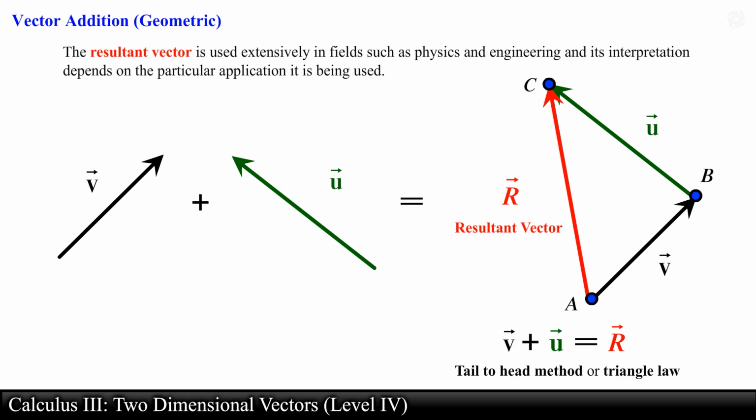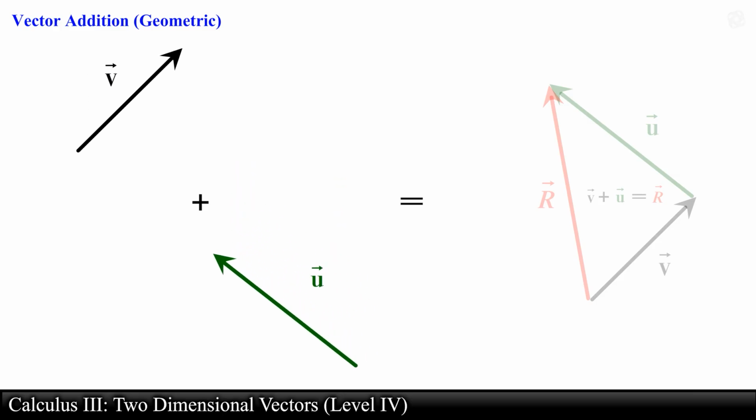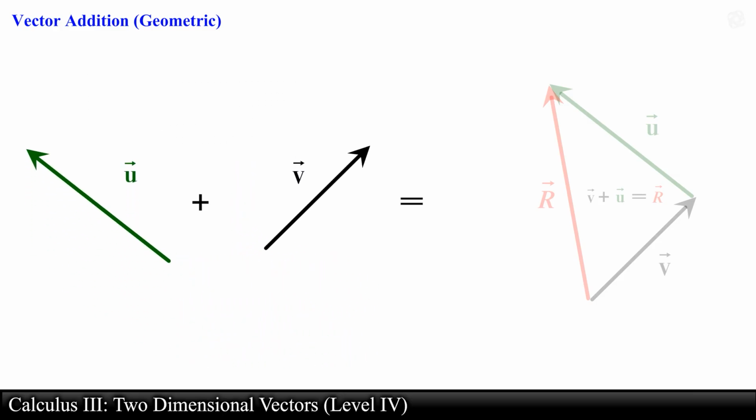This is the general procedure to add vectors geometrically. An alternative method of adding vectors is by just reversing the order in which you add both vectors. For example, say we wanted to add vector u plus vector v, as opposed to vector v plus vector u. Then we follow the same procedure.